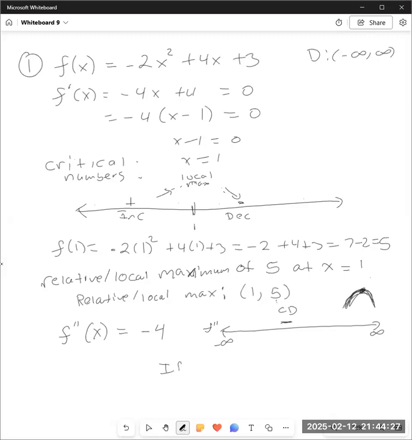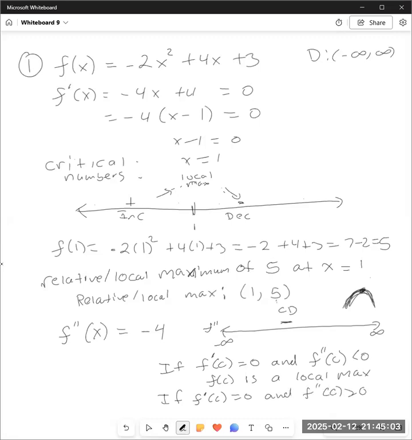So if f prime of c is equal to 0 and f double prime of c is less than 0, f of c is a local max. If f prime of c is equal to 0 and f double prime of c is greater than 0, f of c is a local min.